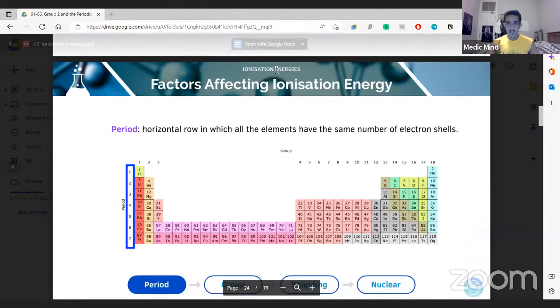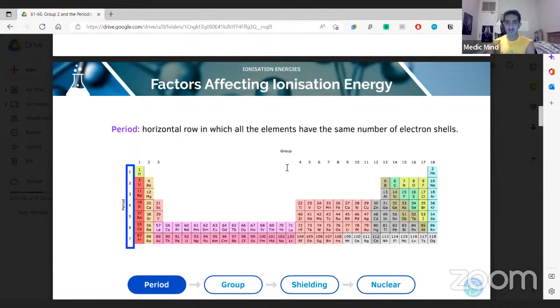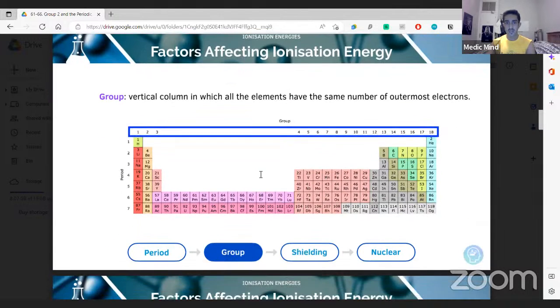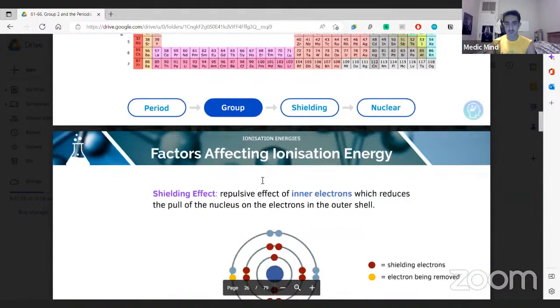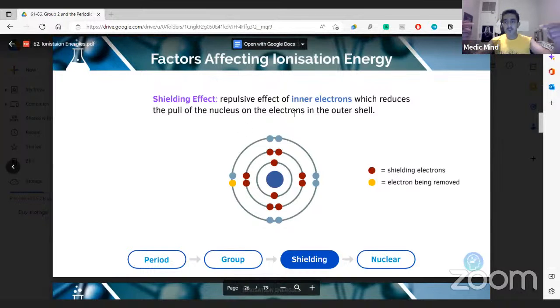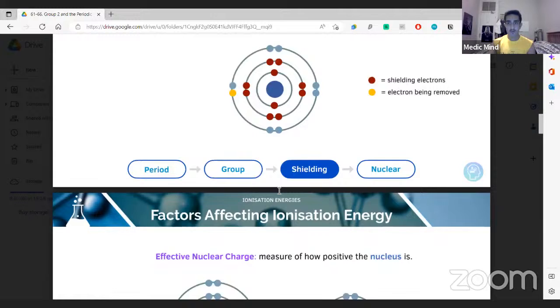Okay, so we remember that a period is a horizontal row in which all the elements have the same number of electron shells, and a group is a vertical column in which all of the elements have the same number of outermost electrons. The shielding effect is basically that the increasing number of electron shells prevents the force of attraction from reaching the electron shells behind them, which means there's a reduction in the pull of the nucleus on the electrons, the greater the number of shells there are.